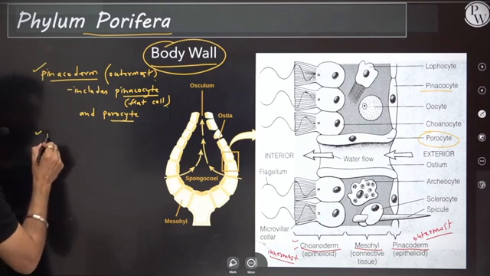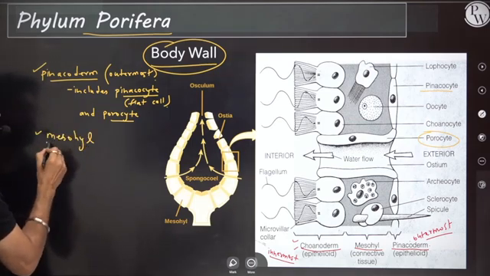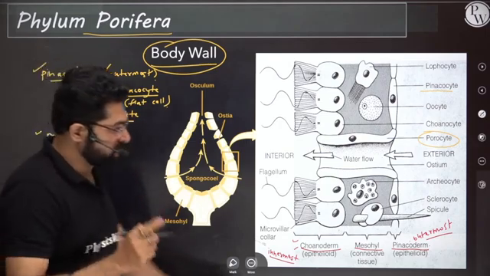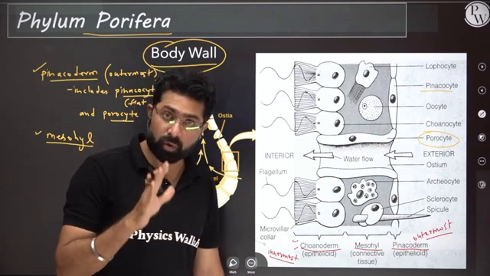Next, in the middle you have the mesohyl. Please don't write mesoglea. If you write mesoglea, it's wrong.